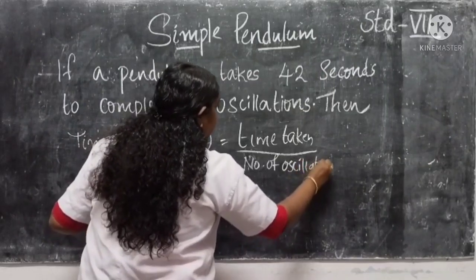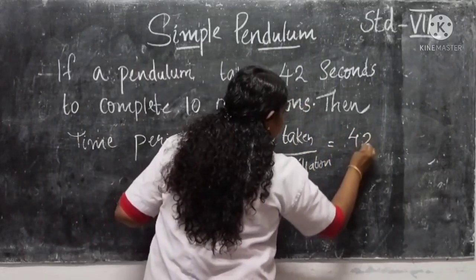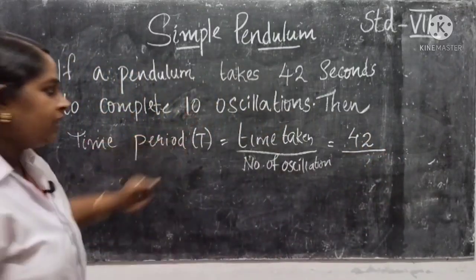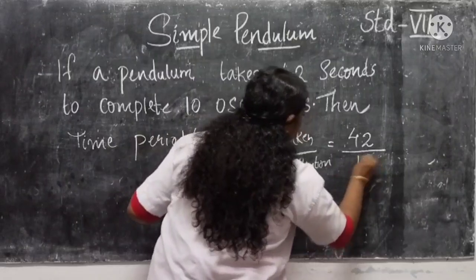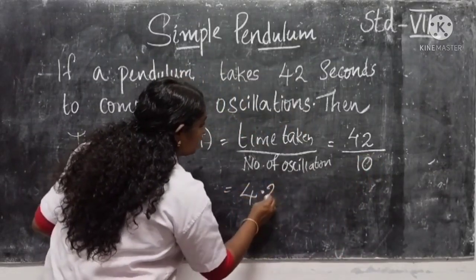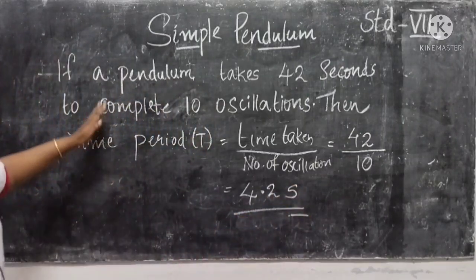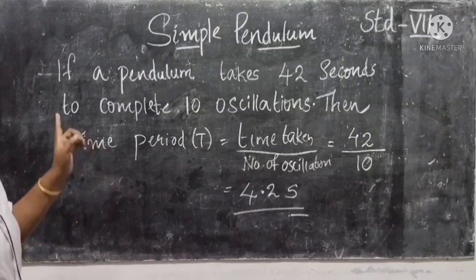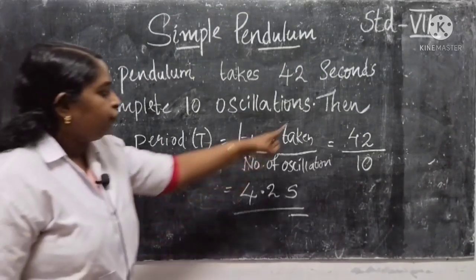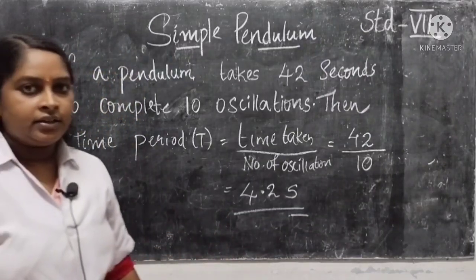Here the time taken is 42 seconds and the number of oscillations is 10. So 42 divided by 10 is 4.2 seconds.